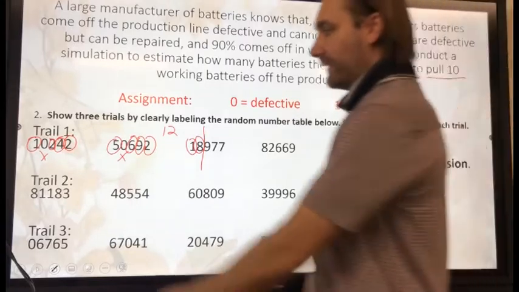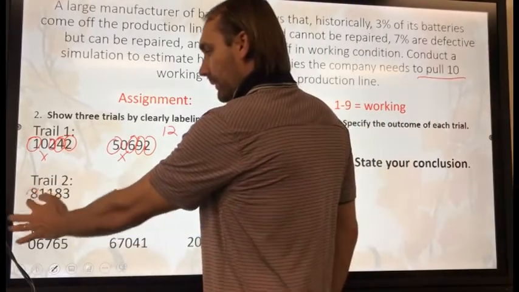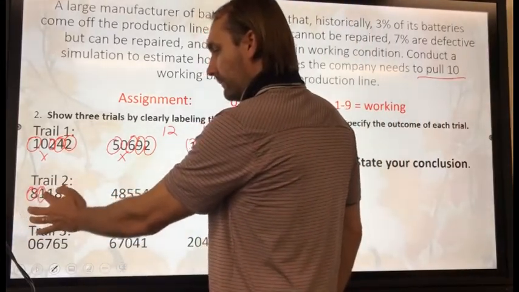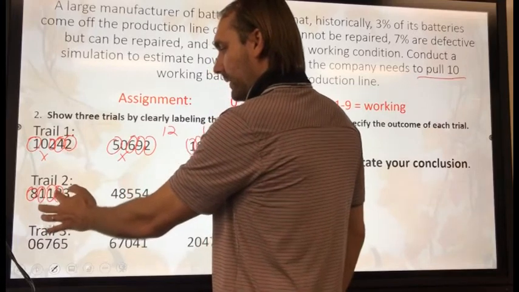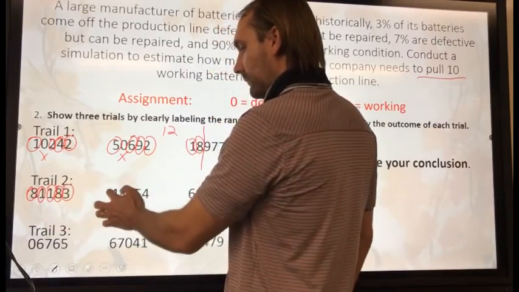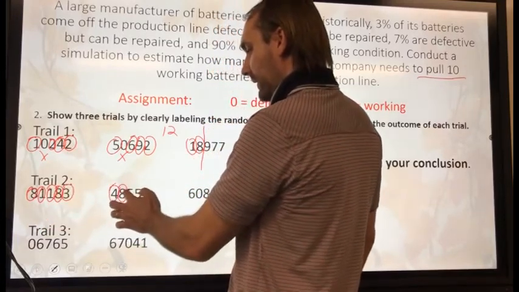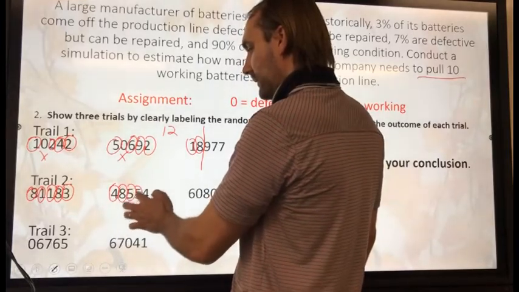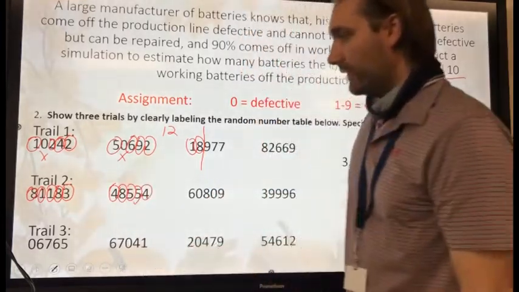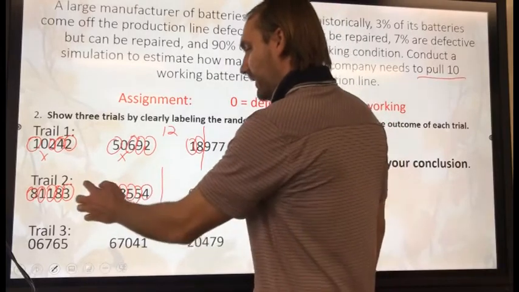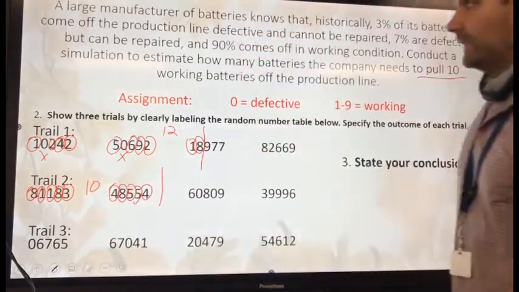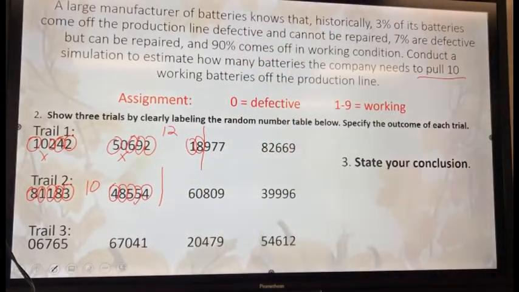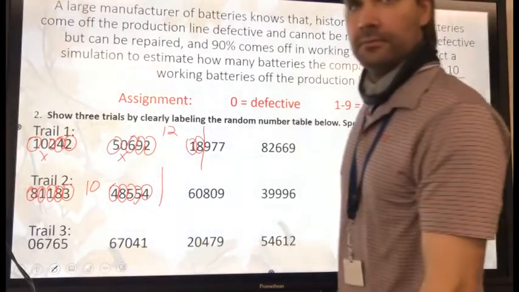Trial 2, 8. Working? 1. 1. 8. 3. 4. 8. 5. 5. 4. Hey, the machine was working good that day. So it only took 10 trials to get 10 working batteries. Trial 3, 0.